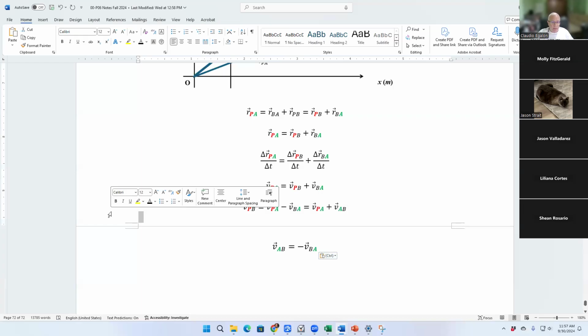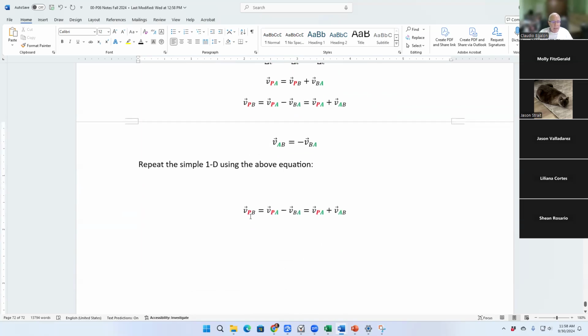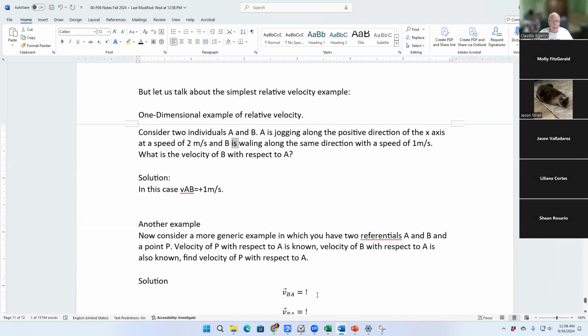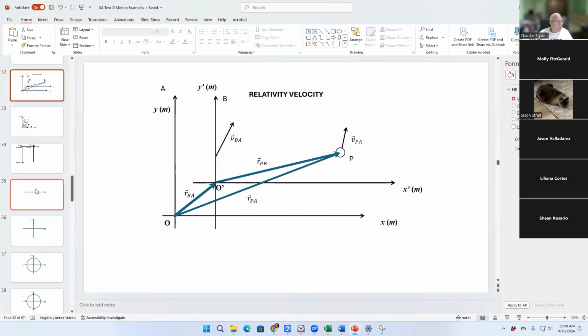And now let's use this equation here to solve again that simple one-dimensional problem that I already gave you the result. Repeat the simple 1D problem using the above equation, right? So, going back here, individuals A and B. Let's take a look at the drawing, it's easier.